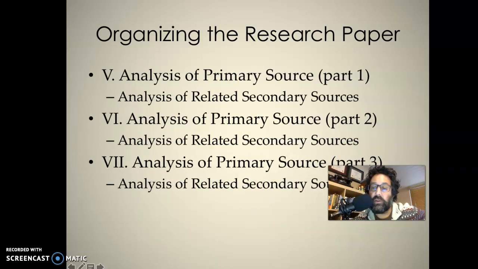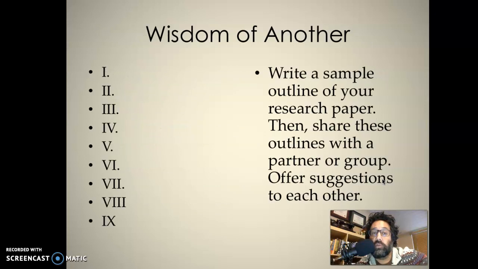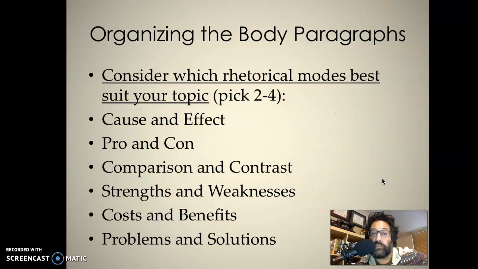In the next section here, you don't need to worry so much about what this says. What you're doing here is analyzing your main source. You're trying to prove your main argument, and you're going to do that in whatever way you feel is best to organize your paper. When you think about the body of your paper, turn to this page.